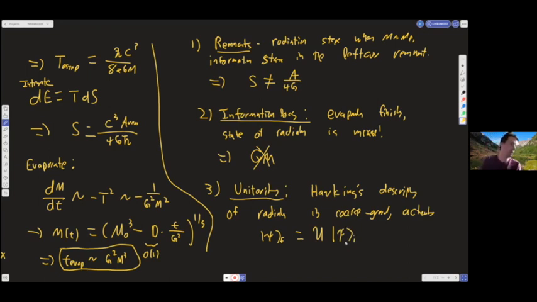Okay, so in particular, if the initial state of the black hole is pure, then the final state is also pure. And it's related to the initial state by some unitary. So in particular, it remembers how the black hole was made.